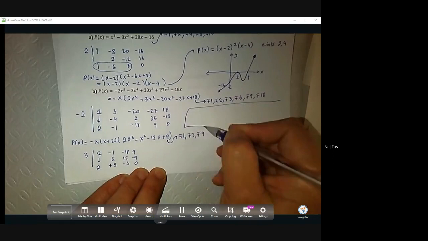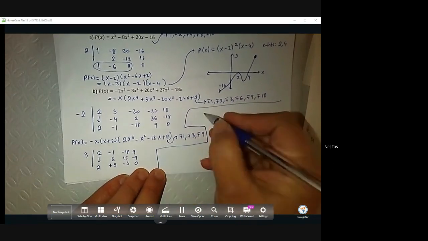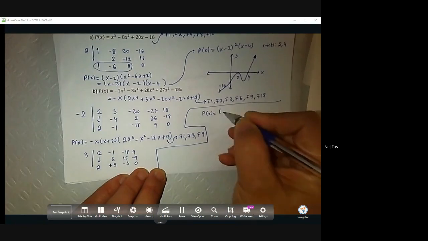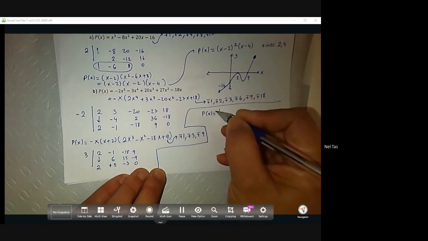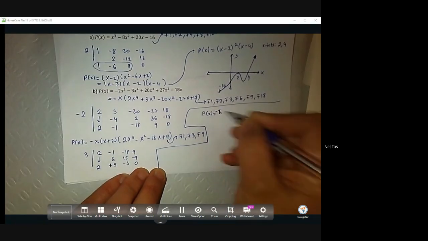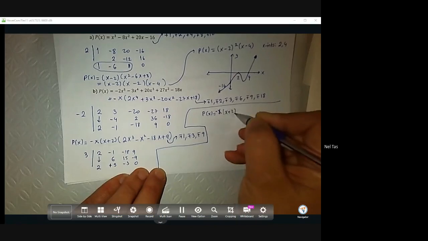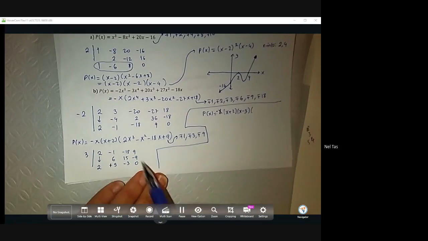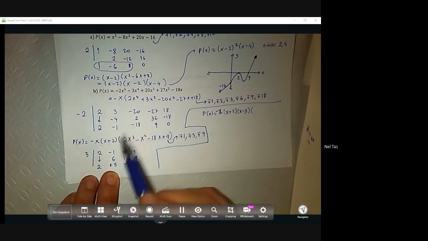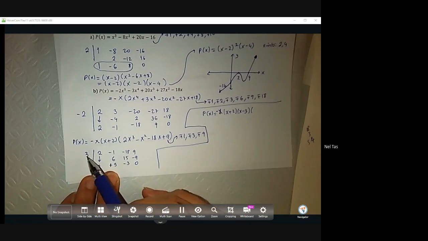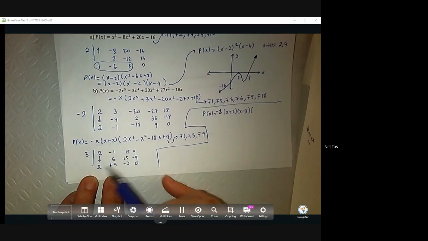I need space. Okay, so I'm going to move here. We can write this polynomial now as negative x, x plus 2, x minus 3. So negative x, x plus 2, the new factor is x minus 3. Now we are going to use these values to write the quotient from this division.